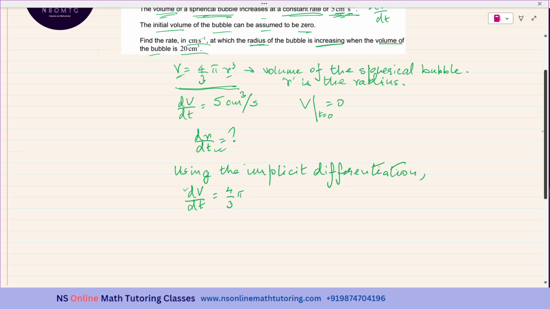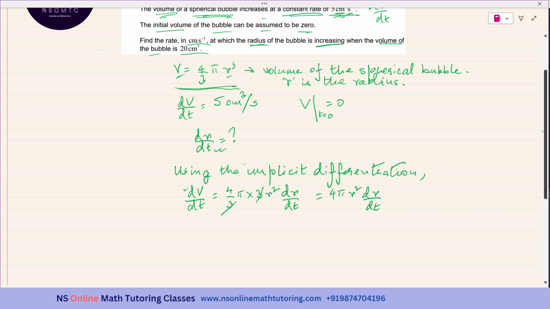So, now we are differentiating r cube. The power will be coming down and it is r square. The power gets reduced by 1 and then the r is getting differentiated with respect to t. So, it is dr by dt. Okay. And these two 3's will be getting cancelled. So, it is 4 pi r square dr by dt.